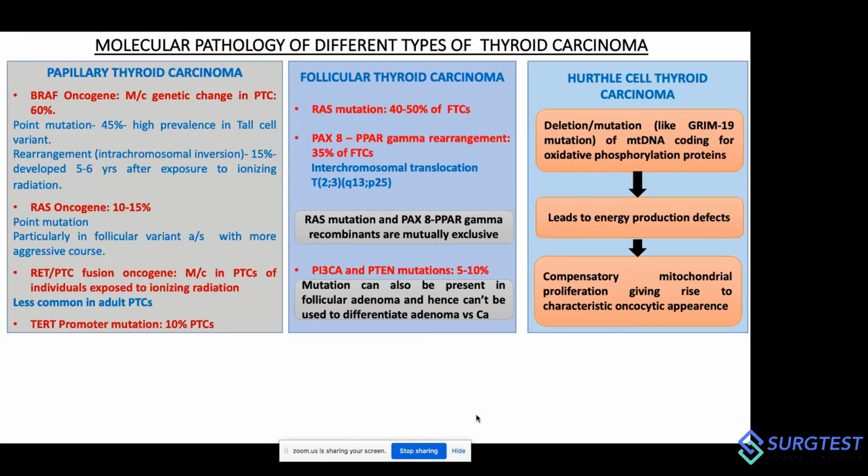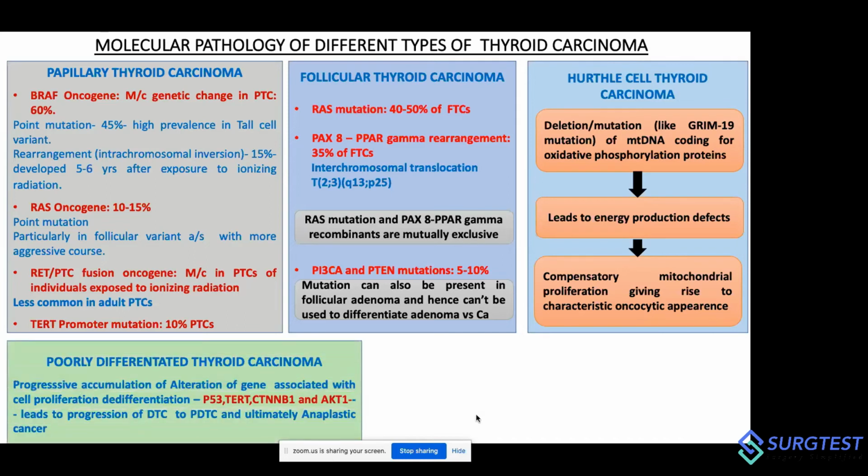The cell senses it as a deficiency and, to compensate, starts proliferating mitochondria. So there is an overcrowding of mitochondria in the cell that gives rise to the characteristic oncocytic appearance, deeply eosinophilic and granular cytoplasm, because of this proliferation of mitochondria to compensate for the lack of energy production caused by the defect in the oxidative phosphorylation protein. This is the pathology of Hurthle cell thyroid carcinoma.